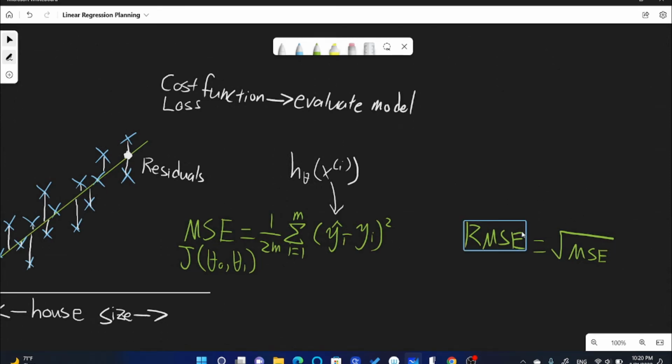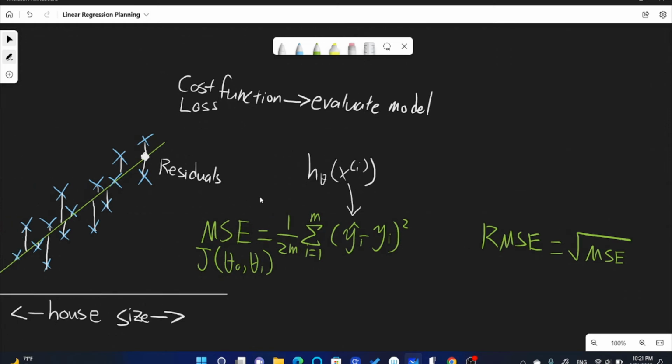But in practice, we actually don't need to use root mean square error when optimizing the machine learning model, because taking the square root of this and using this is the same thing, right? We're trying to minimize this.